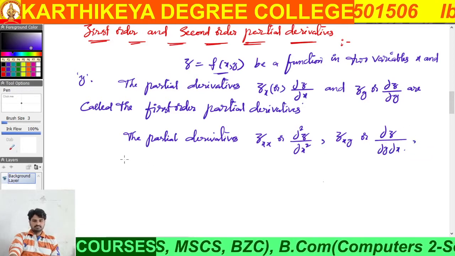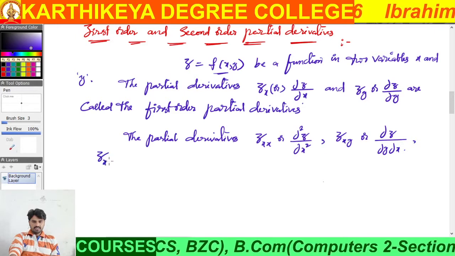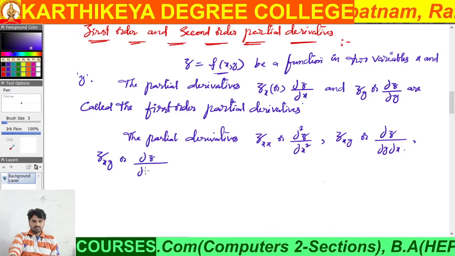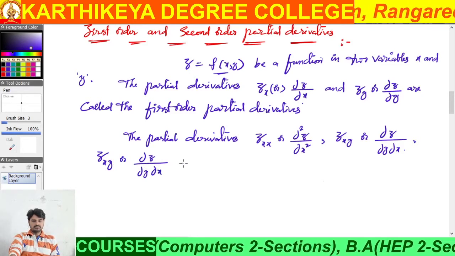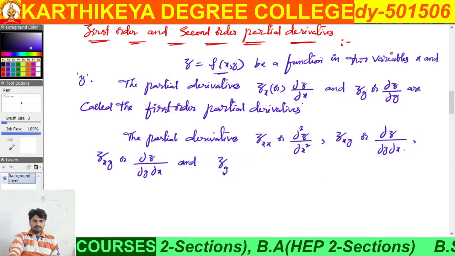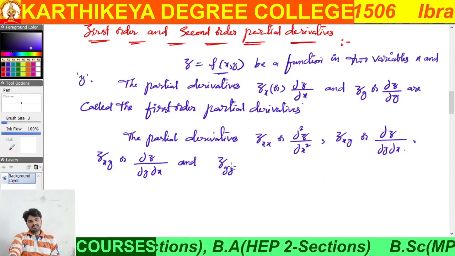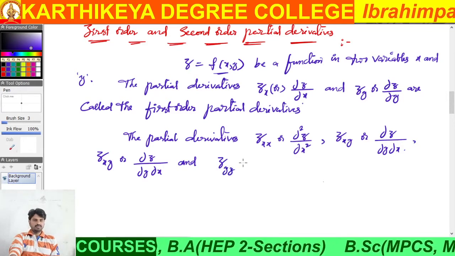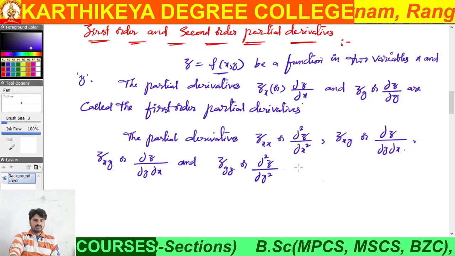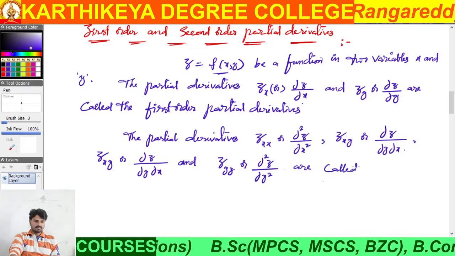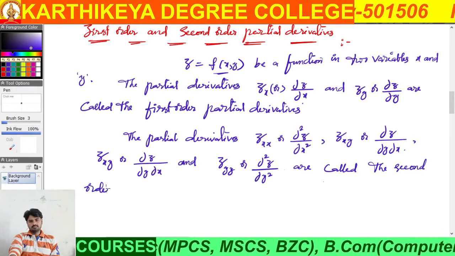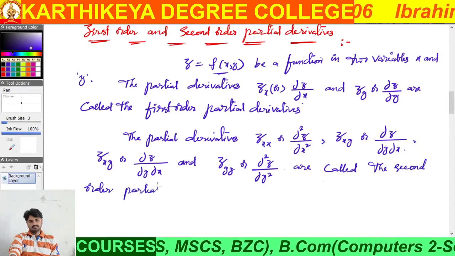Next, comma z at y x, or this can also be written as dou square z by dou x dou y, and z at y comma y, which can also be written as z at y square, or dou square z by dou y square, are called the second order partial derivatives.